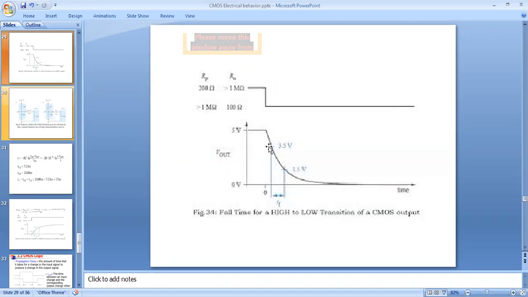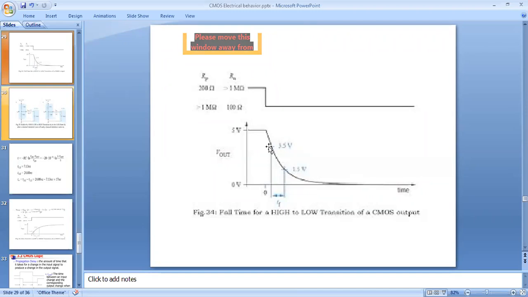Is this exponential a rising exponential or a falling exponential? It is a falling exponential. Therefore, we take the expression as V out equal to, note down that expression. What is the expression for a falling exponential?